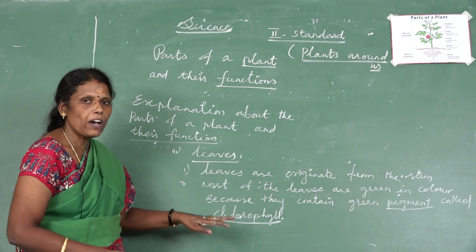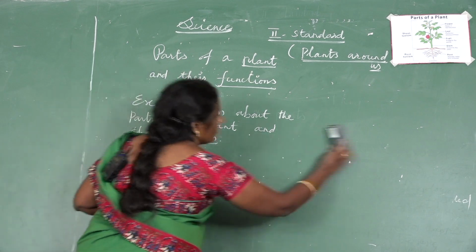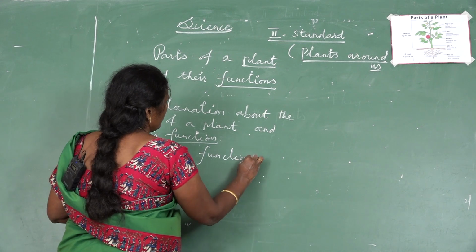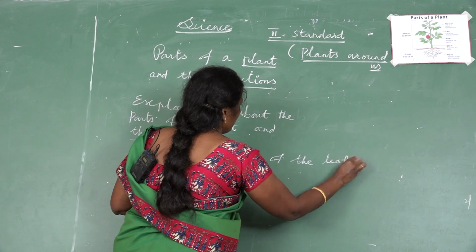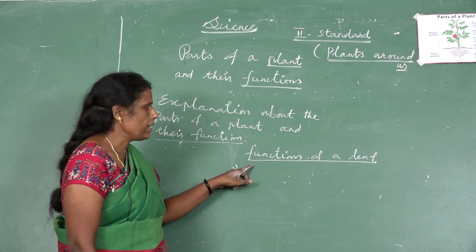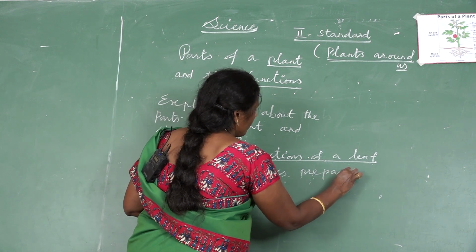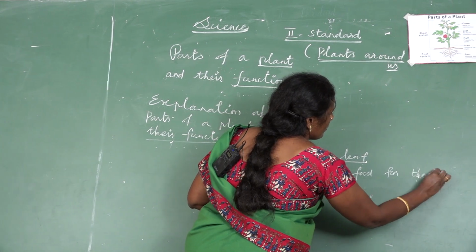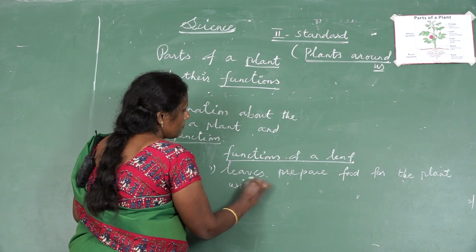We have to see the functions of the leaf now. Leaves prepare food for the plant with the help of photosynthesis.